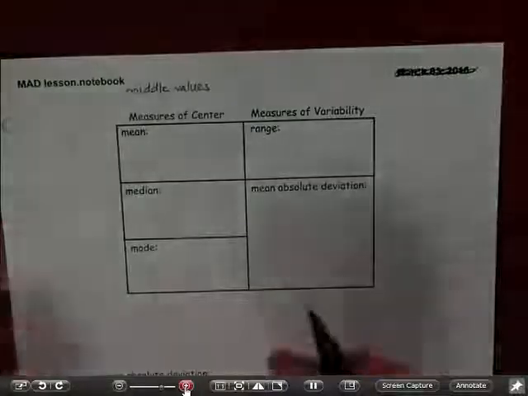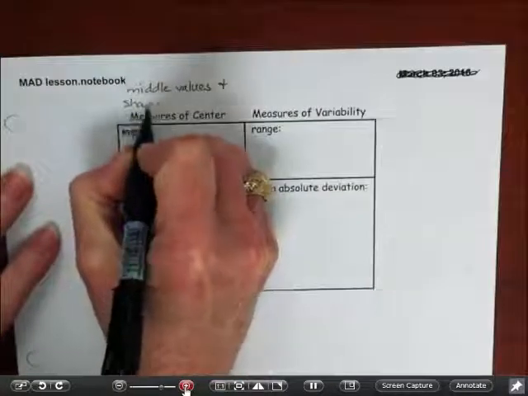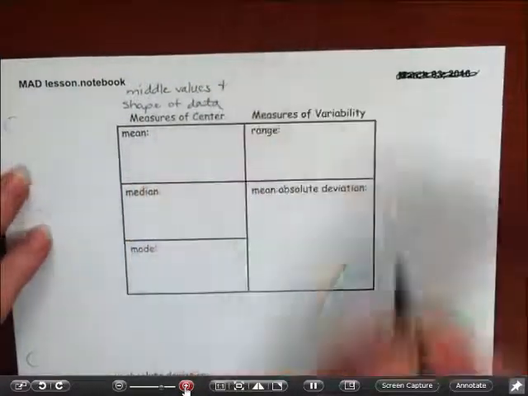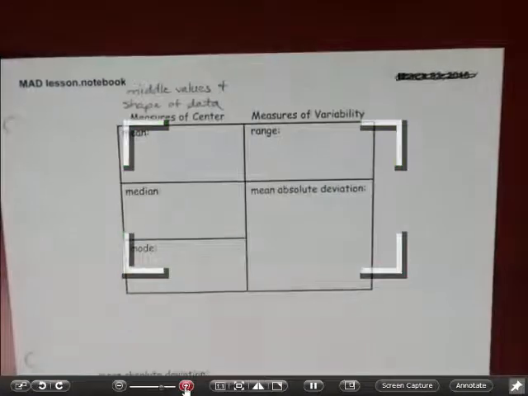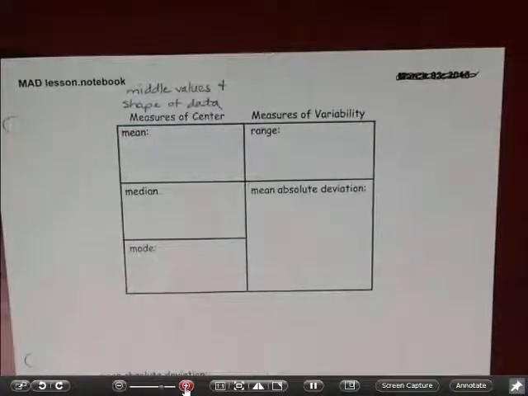And it also tells you about the shape of your data. If you enter data into the calculator and you graph it, or you hand graph it on a graph, and we're going to be doing some of that, data makes a shape. Okay, it can look like a straight line, not on a straight line, but it can kind of look like a straight line.